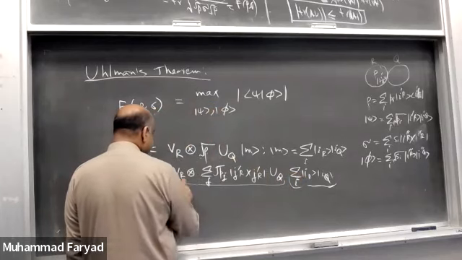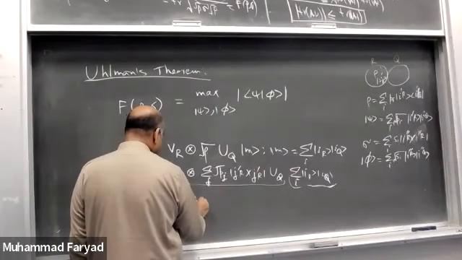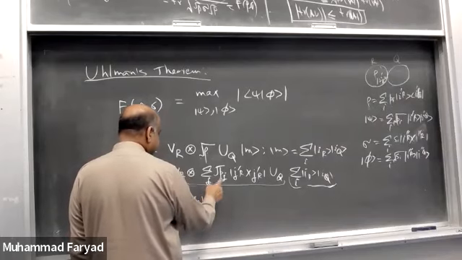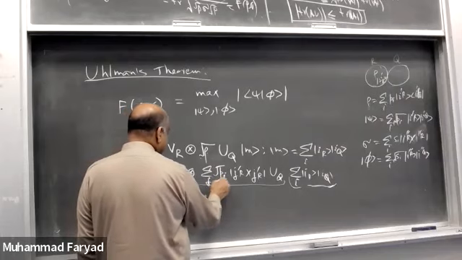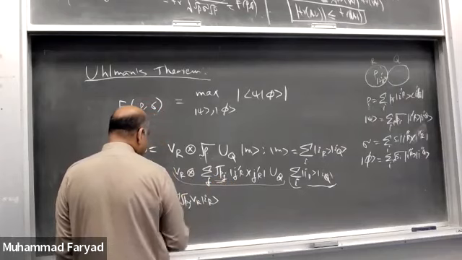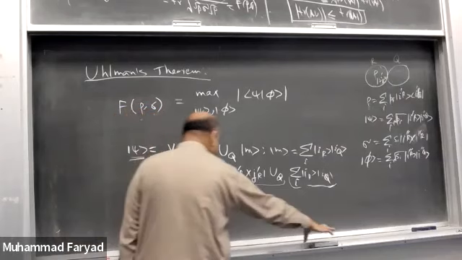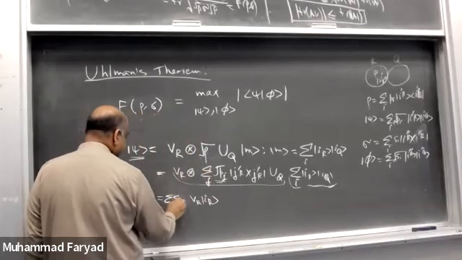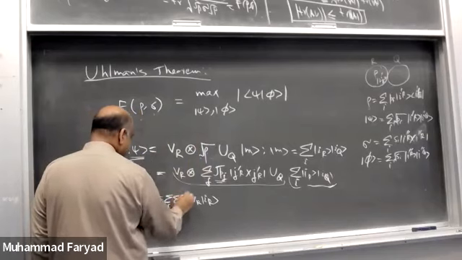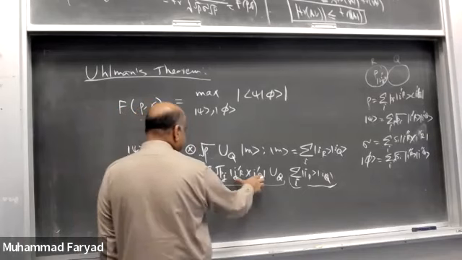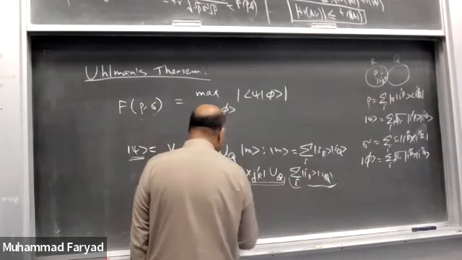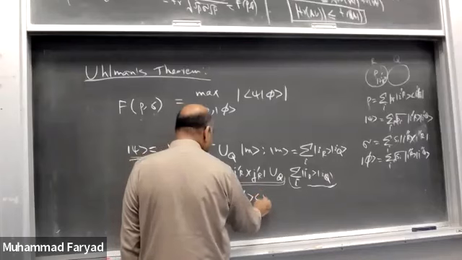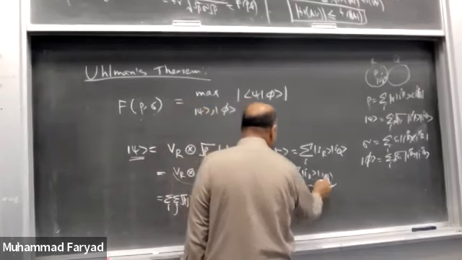And then I have this V_R applied to I_R. And this is just a number, so I can write it here, square root of p_J. But since there is a sum here too, let me take that sum out as well: sum over I, sum over J, square root of p_J. So V_R applies here, and then this applies there. And tensor J prime, and this U_Q applies to I_Q.